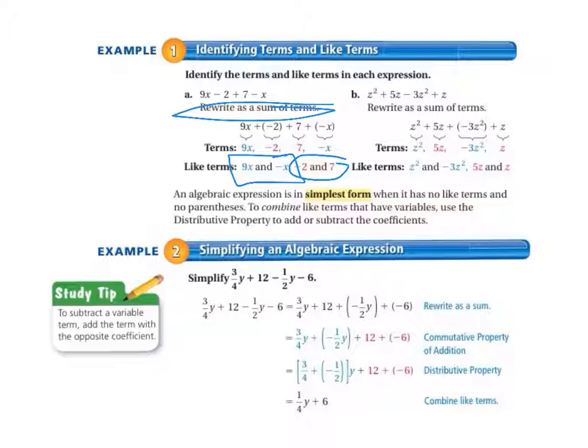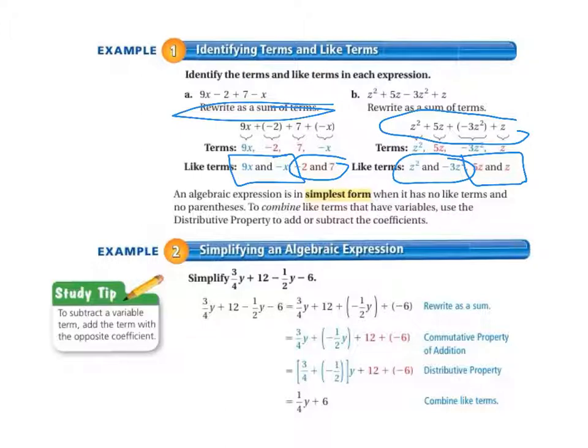We rewrite as a sum of terms, so we put that plus sign in front of all the negative numbers, and we then have terms of z squared, 5z, negative 3z squared, and z. And our like terms are z squared and negative 3z squared, and 5z and z.